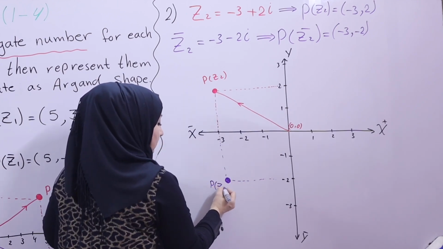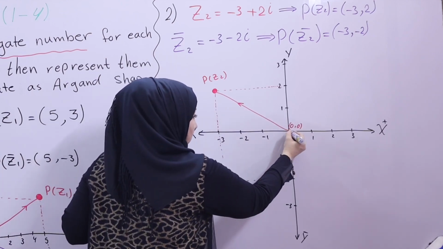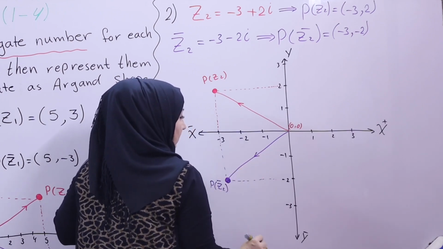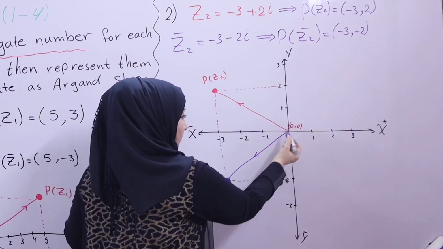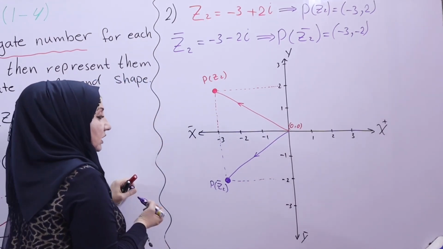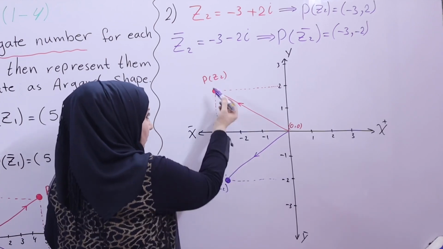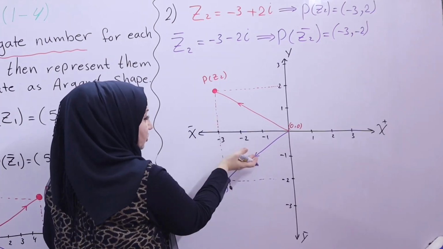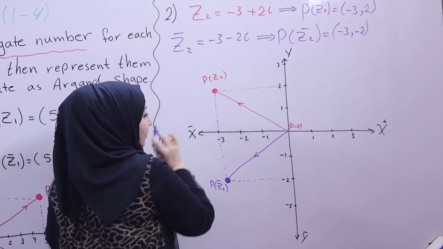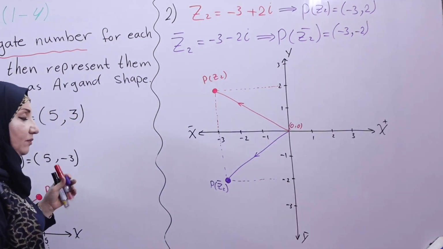And now we connect the origin and the point to draw the Argand shape which represents the vector OP of Z2 conjugate. And also we see that the Argand shape for the conjugate of the complex number will be the reflection of the Argand shape of the point of Z2 by the x-axis.